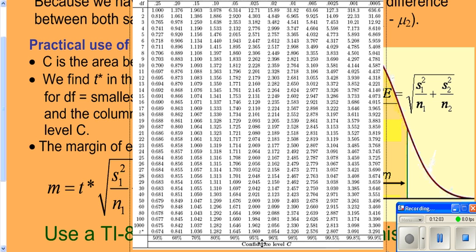So if you were looking for a 95% confidence level, and we were dealing with our last problem where we had a sample size of 30, you go across in your 29 until you get to your 95% column, and then this would be your t star that you would end up using in your formula.